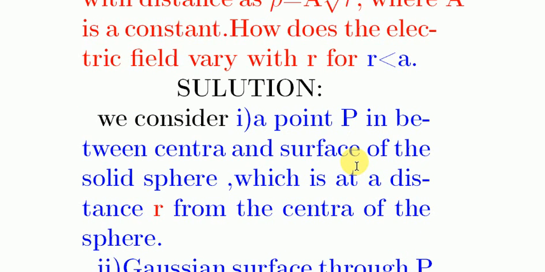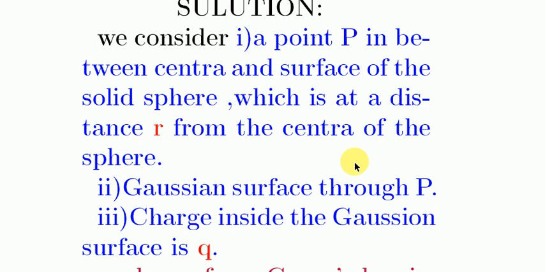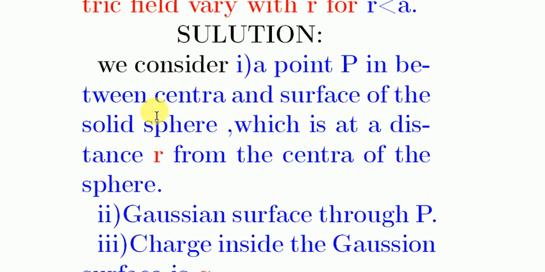Before discussing the problem, we consider three assumptions to make it easy to understand. First, we consider a point P in between the center and the surface of the solid sphere, at a distance r from the center of the sphere.